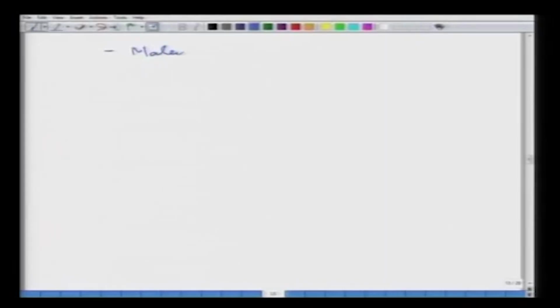With this, I would like to summarize what we have covered in this lecture. We have looked at materials choice for various devices.